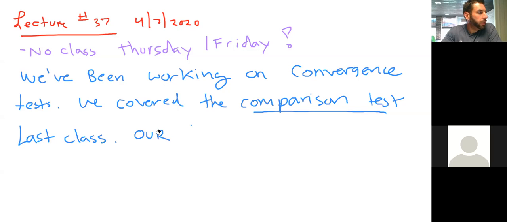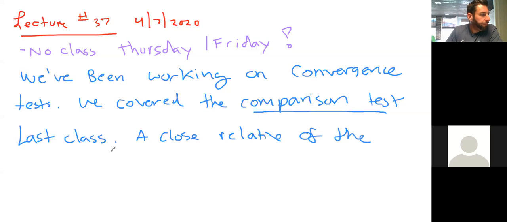So last class we covered the comparison test. What we want to do today is start with a close relative of the comparison test, one that's very useful many times.